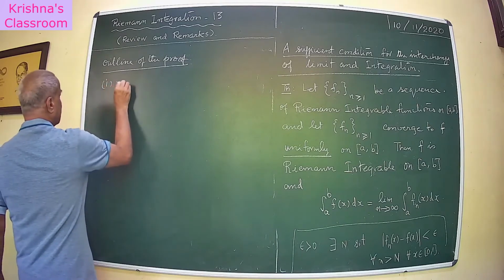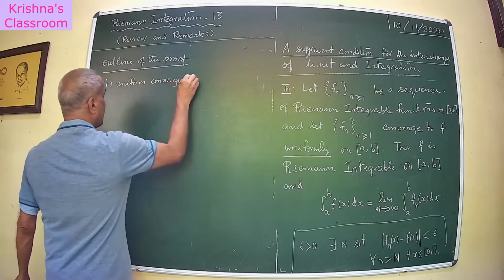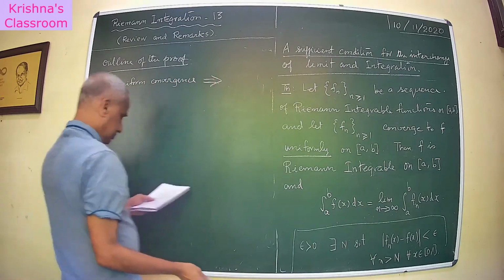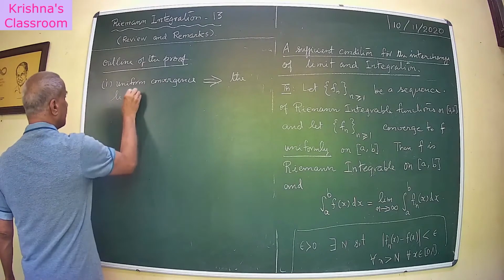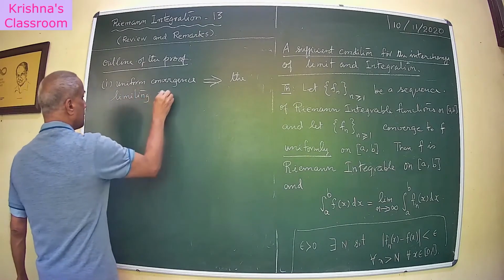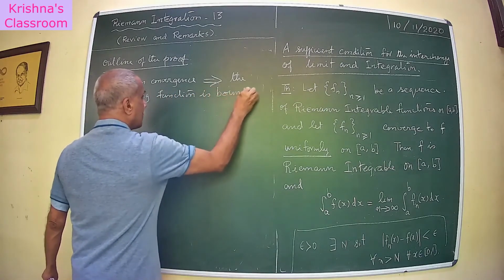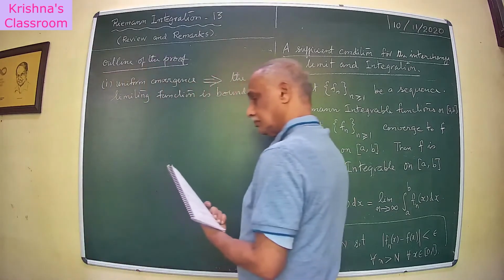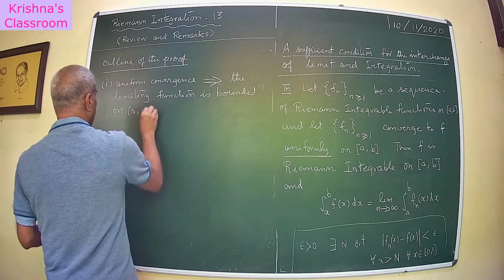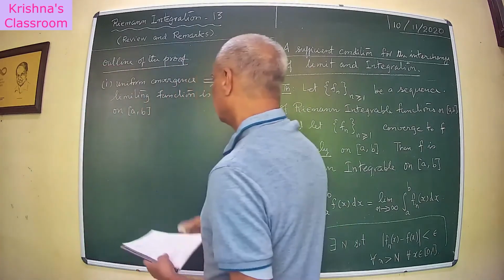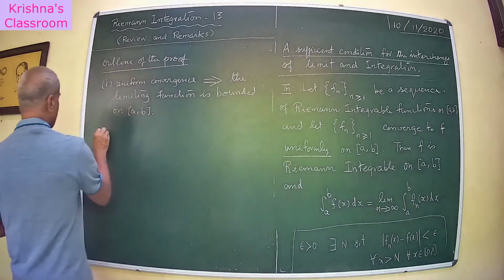Now, uniform convergence implies the limiting function is bounded. There also the limiting function is bounded, so it's not Riemann integrable. Now look at this one. Now consider the set.